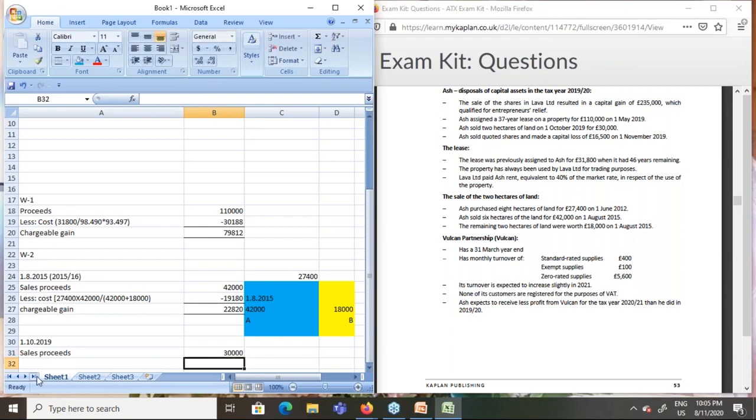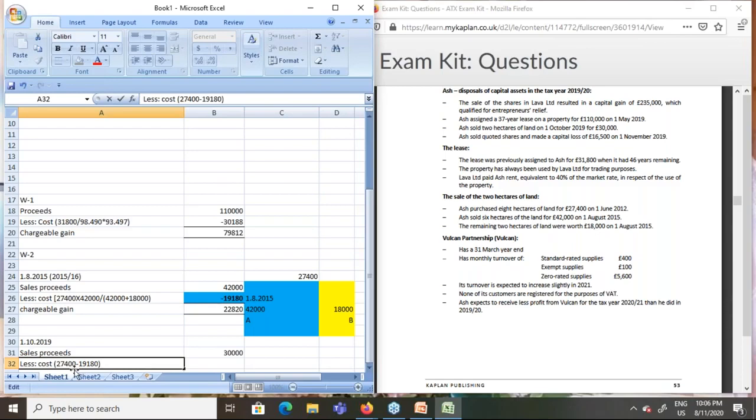And what is the cost attributable to that? Less cost of purchase. You bought it for 27,400. And out of that, the cost attributable to part A was 19,180.